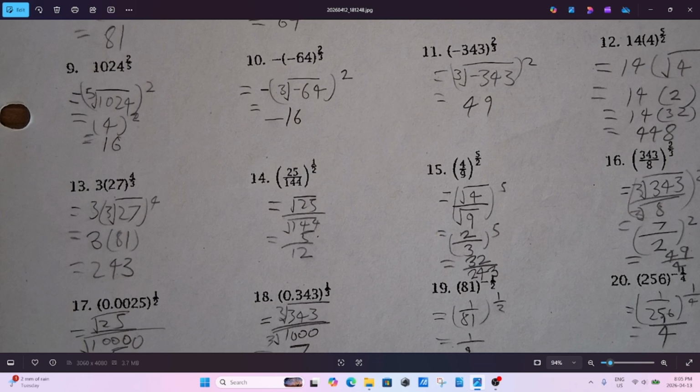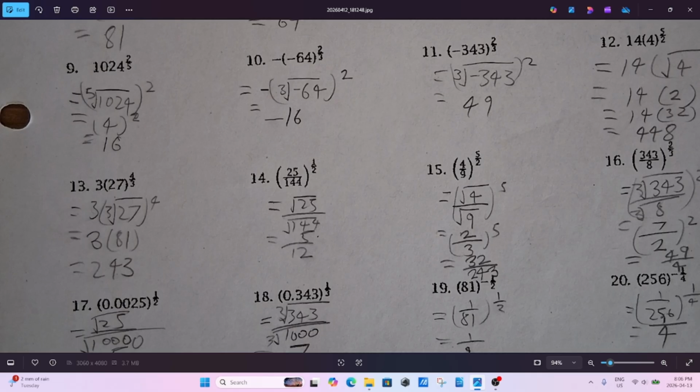Question 9. 1024 to the exponent 2 over 5 is equal to the fifth root of 1024 squared, which is equal to 4 squared, which is equal to 16. Question 10.